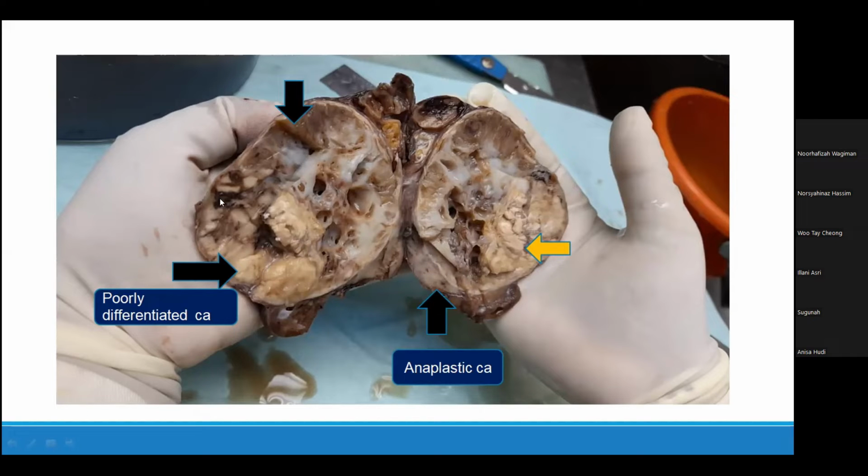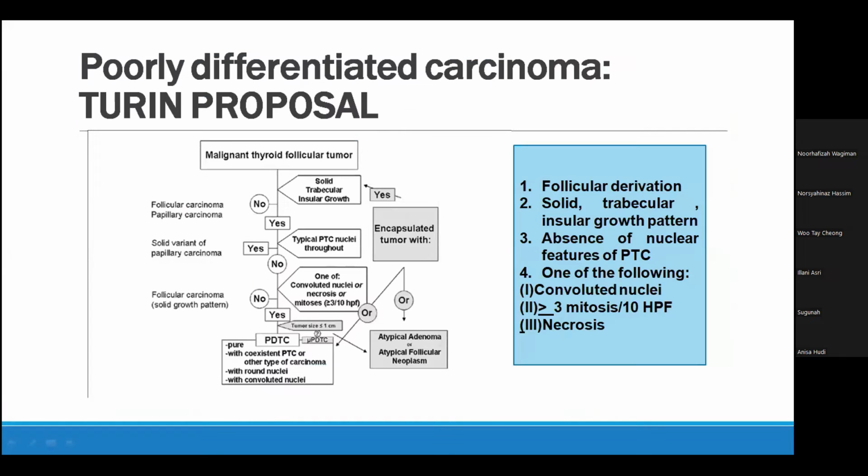So from here itself, you can see the main part of the lesion is poorly differentiated carcinoma, with a small component of anaplastic carcinoma. For a little bit on poorly differentiated carcinoma, we follow the Turin proposal, which has been mentioned in the WHO book, where you propose the diagnosis based on these features.